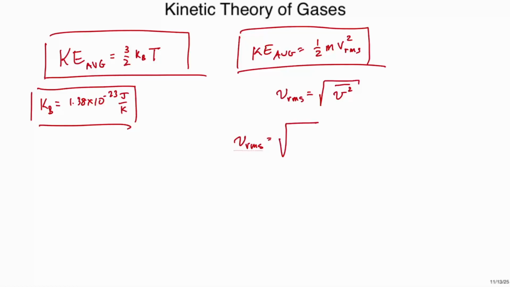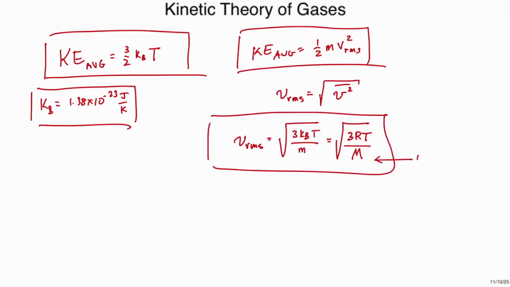You can either do it as the square root of 3 times Boltzmann's constant times the temperature divided by little m, where little m is an individual mass of the molecule or element. Or you can use 3 times the gas constant, physics version, times temperature divided by capital M, where capital M is the molar mass. It's the mass of 1 mole of the element. Either way, you'll get the same answer.